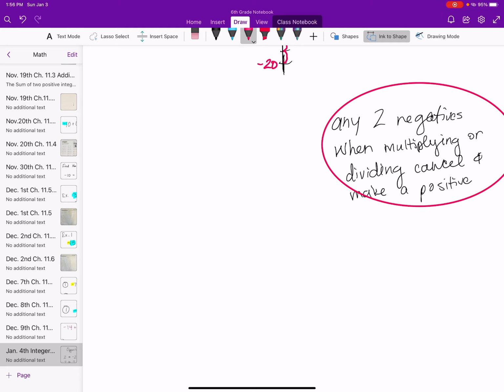Okay, so if we have something like -5 times the -6, 5 times 6 is 30. We have two negatives. They cancel out and make a positive. If we have -4 times a -8, 4 times 8 is 32.